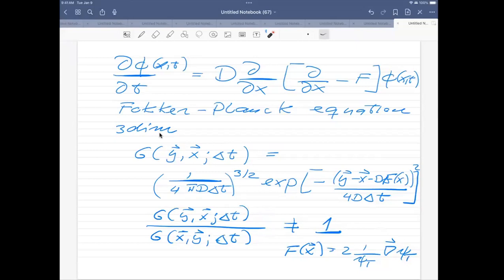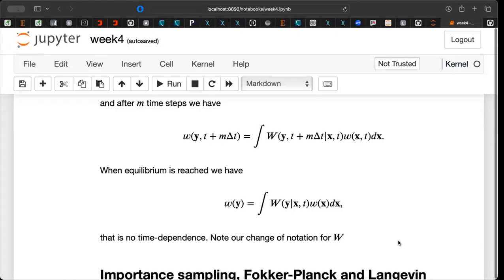But this is a better way of doing things because it allows us to jump in space without a brute force algorithm where we have to fine tune a jumping step so that we don't move out of the probability distribution and just sample a collection of zeros. So I'm going to go back to the Jupyter notebook now. And we will stay with that till the end of the lecture today.